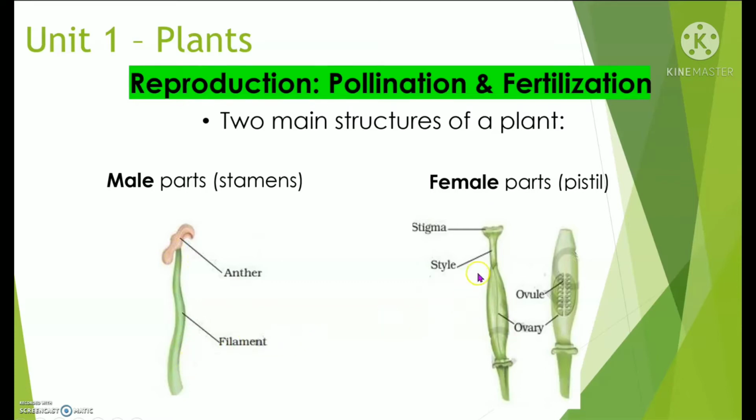In the female part, we have the stigma, or the upper top part of the female part, and the style. Inside is the ovary, and inside the ovary we have the ovules. That's the female part, which is the pistil.